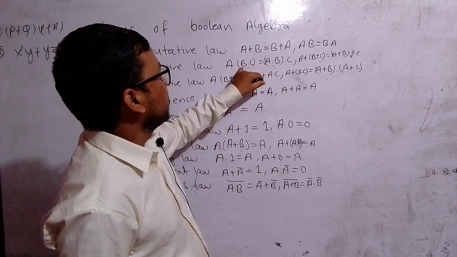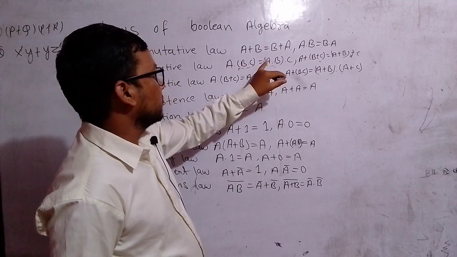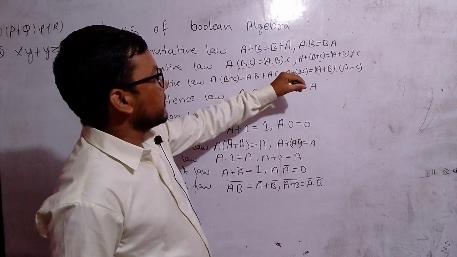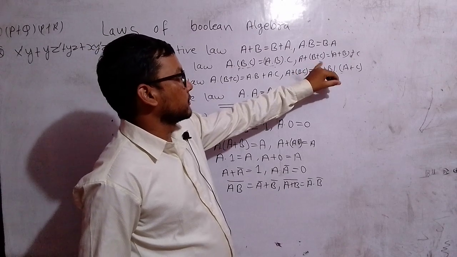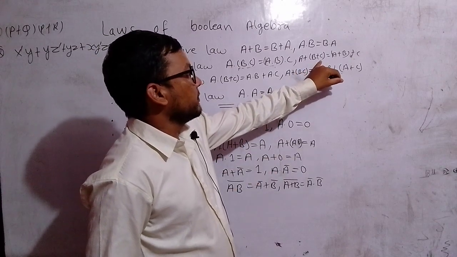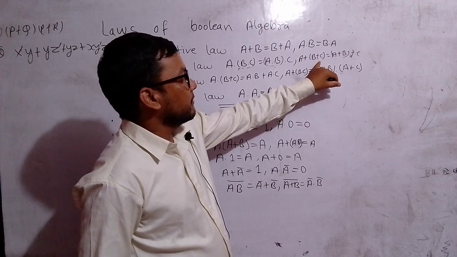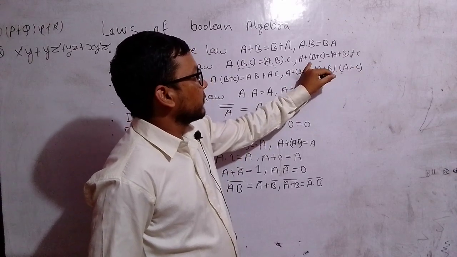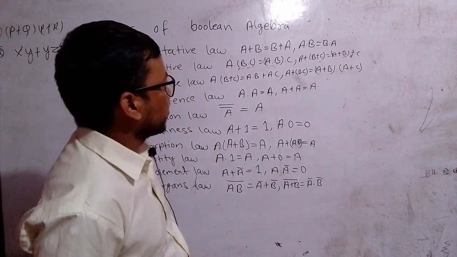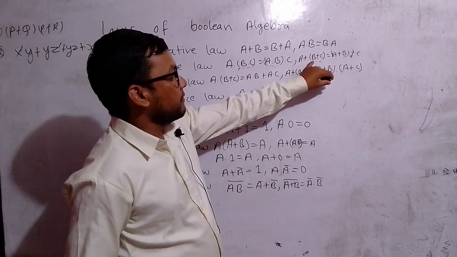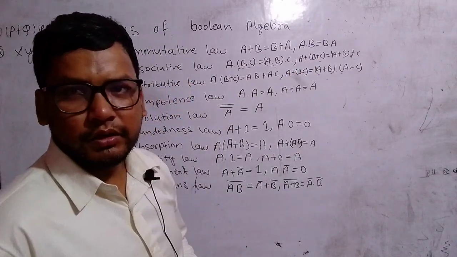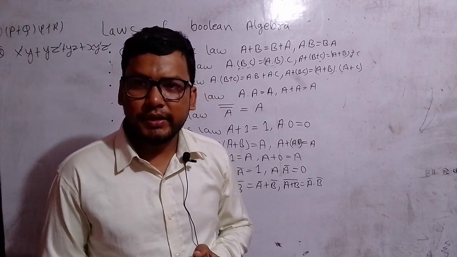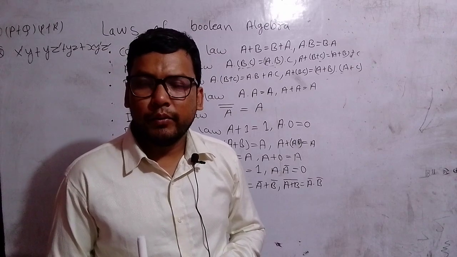Both cases give the same result for all values of A, B and C, and the same thing also occurs for the OR operation. Here we have done B plus C first on the left hand side, and A plus B first on the right hand side, but both give the same result for all values of A, B and C. What are the possible values of A, B and C? The possible values are 0 and 1.